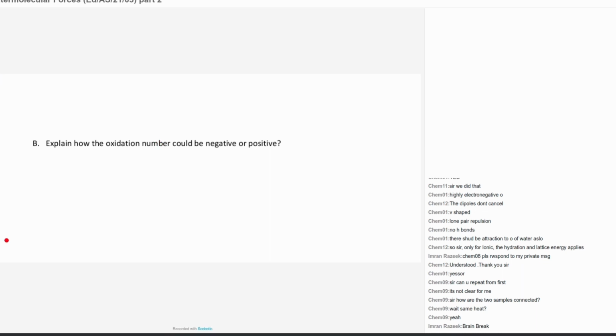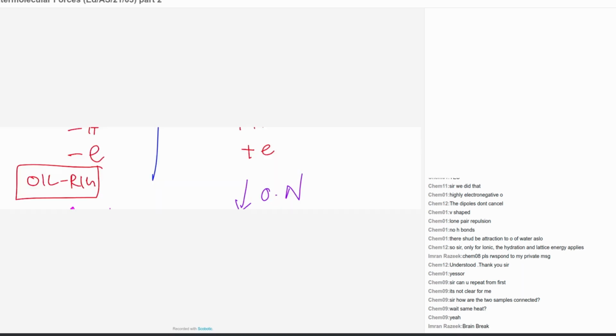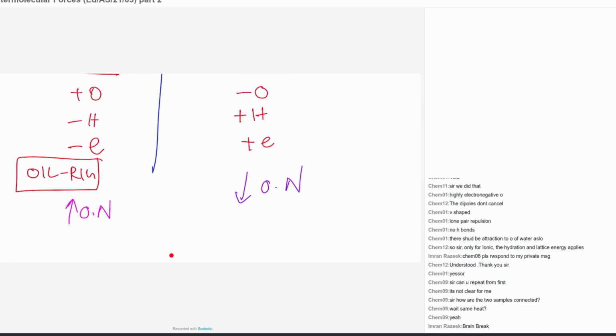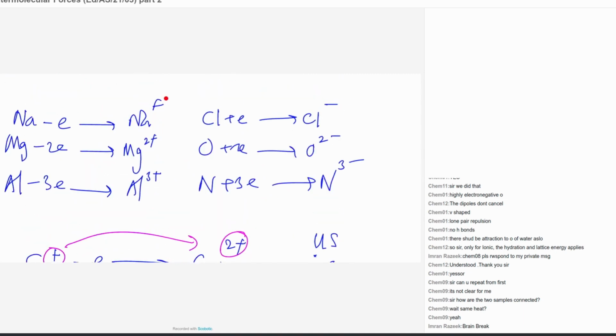You can copy the 3 examples which I gave before. The positive oxidation state 3 examples: sodium, magnesium, and aluminium.